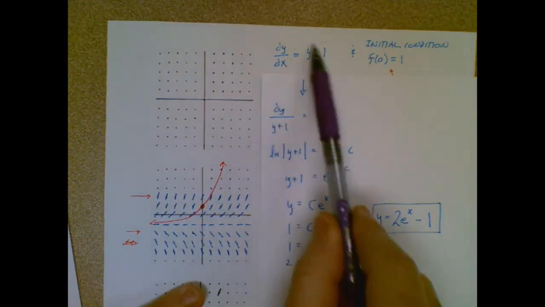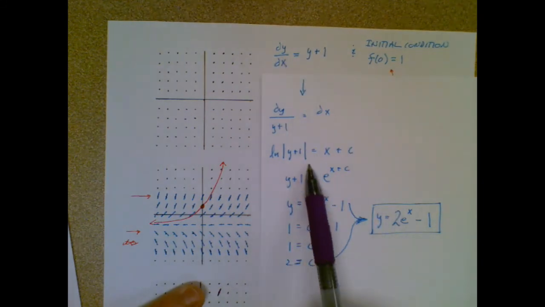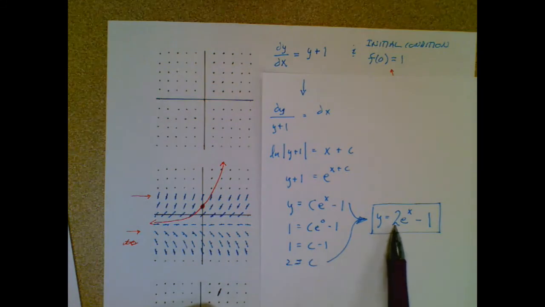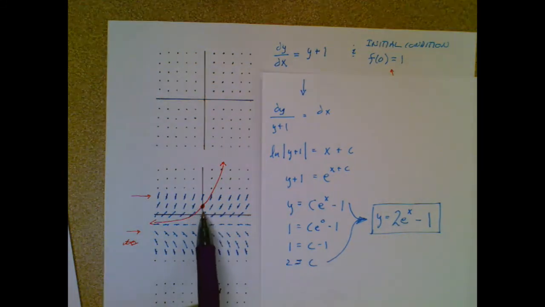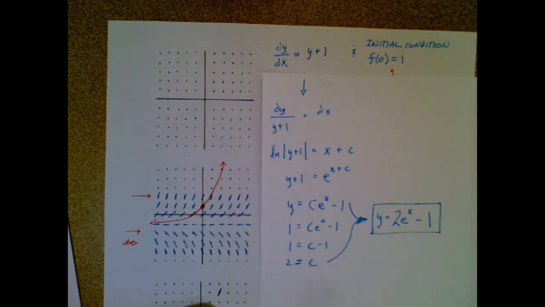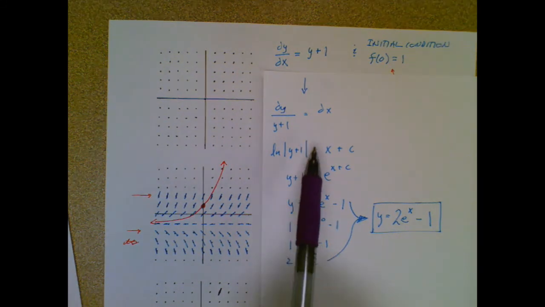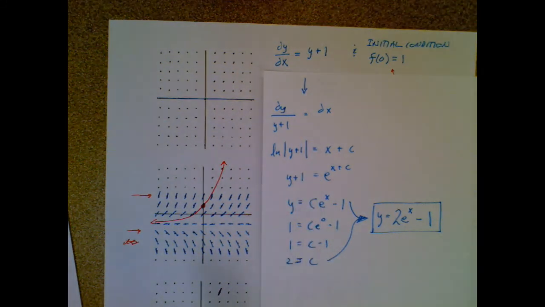There is my differential equation, and I go through separation of variables, solve for y, solve for c, and I end up with 2e^x minus 1, and this is the graph of 2e^x minus 1. So the slope field and the solution curve are very, very related to the differential equation.